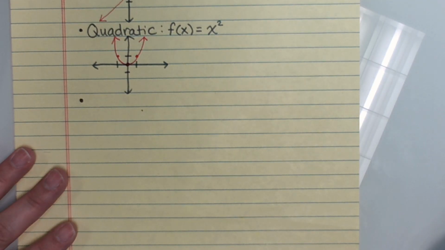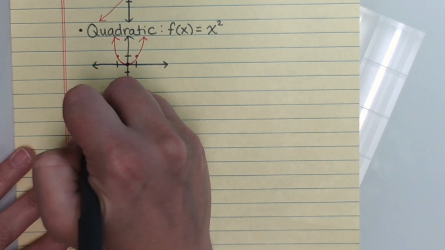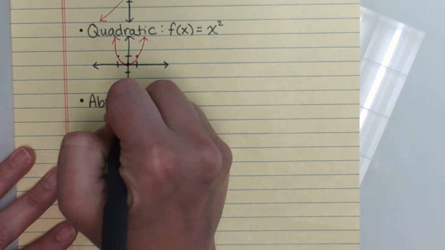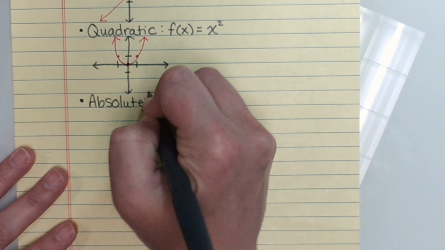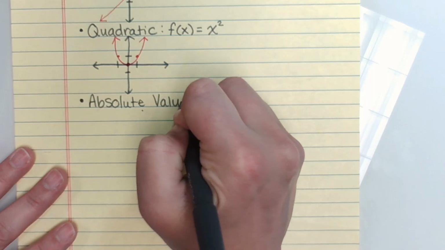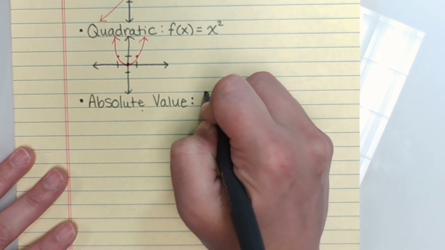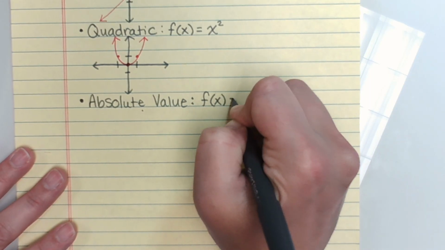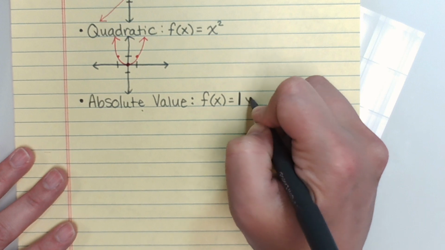The last parent function that we're talking about today is the absolute value function. Its parent, being f of x, is equal to the absolute value of x.